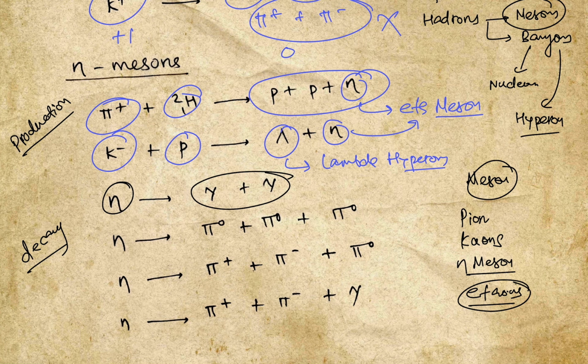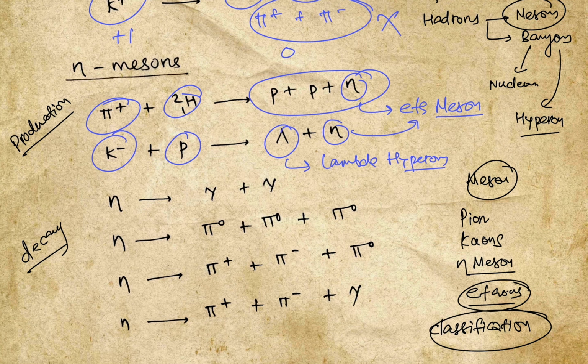Our focus is just to know the classification. We will know masses later on, and depending on the rest masses we will see what kind of energy the decay happens with. So the first thing is that an eta meson can completely disappear by just giving energy. This is nothing but energy.